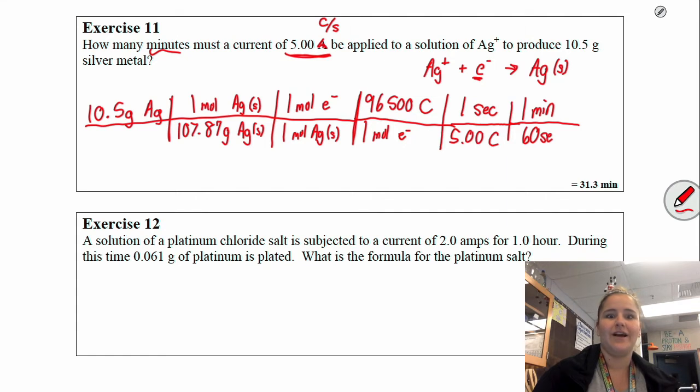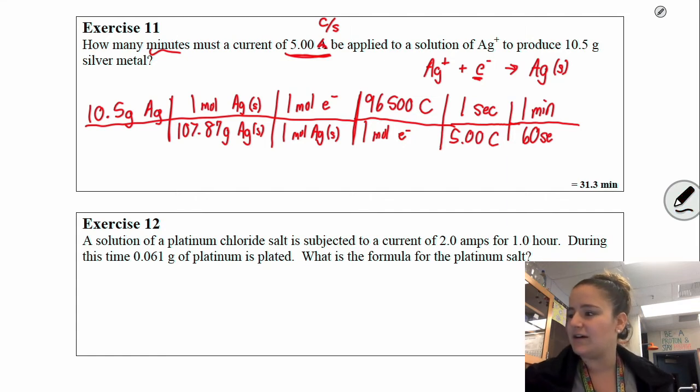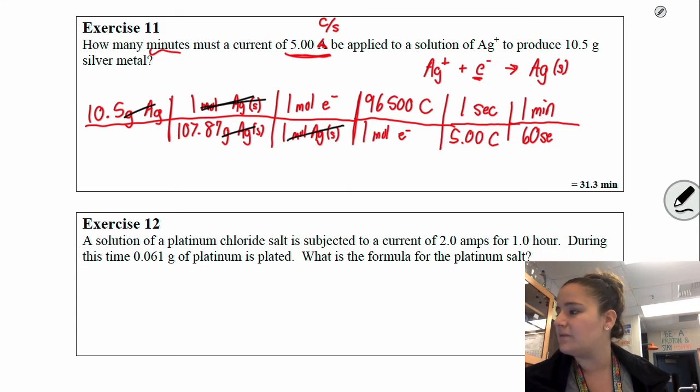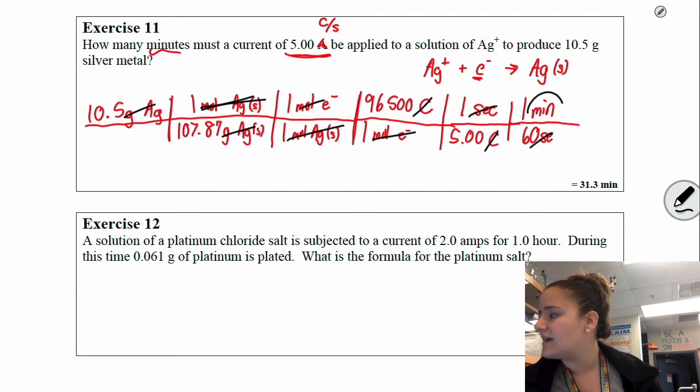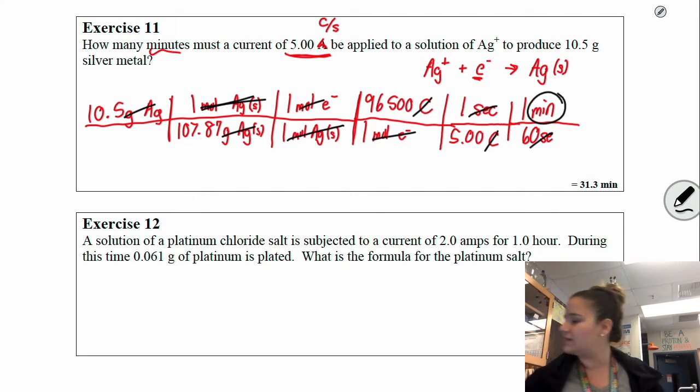Okay, so a long dimensional analysis problem. Check it out. Make sure it makes sense. Moles of silver, moles of silver, moles of electrons, coulombs, seconds. I'm left with minutes. Everything makes sense.